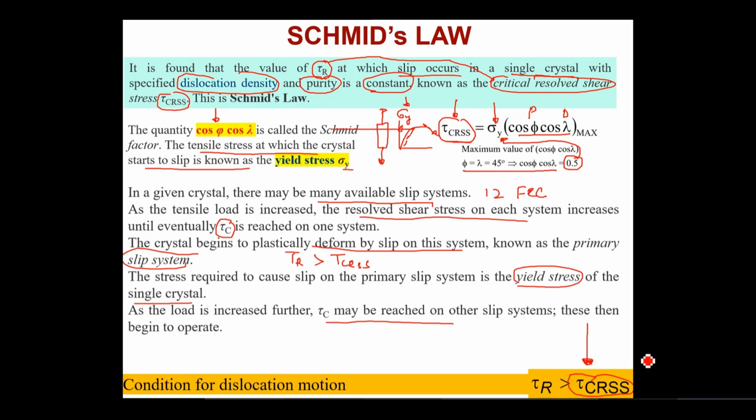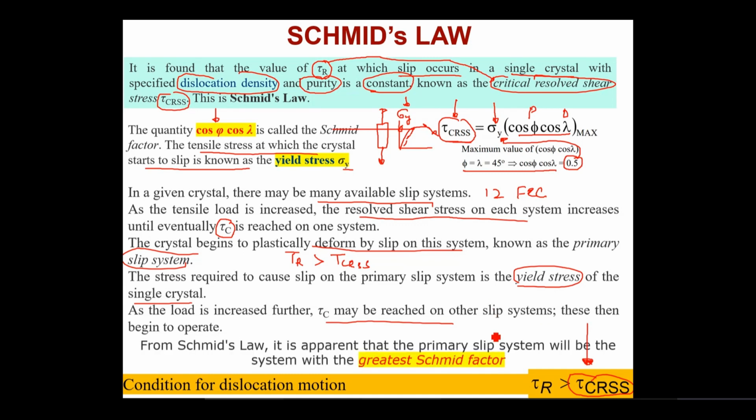Yes, sir. Any doubt? All right. So from Schmidt's law, it is apparent that the primary slip system will be the system which will have the greatest Schmidt factor. It is not necessary that the slip plane and direction are at 45 degrees.